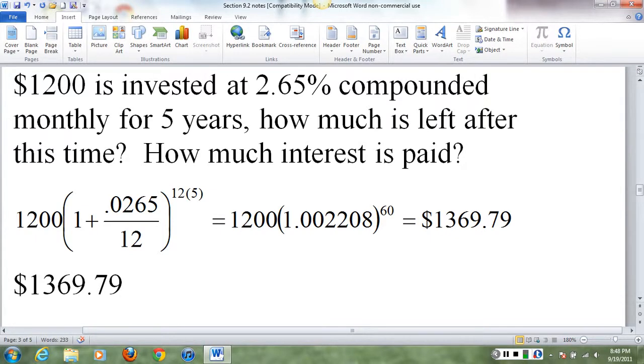But if you had 1370, for example, maybe 1368, you're within $1 or so. I'm not going to make a big deal out of it. This is why I encourage you, when you can, break it down as much as you can, and whenever possible, try to show your work. So I'll subtract my original amount invested from this, and that leaves me with 169.79 interest.